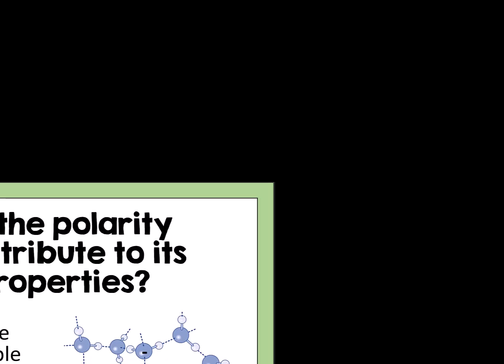Because of these hydrogen bonds, water is attracted to itself and other polar molecules. So other molecules besides water that have this slight positive and negative charge, water is also going to be attracted to them, because you can picture if there was a molecule over here that was not water that had a slightly positive charge, this oxygen atom was going to be attracted to that. So water is attracted to itself and it's attracted to other polar molecules and substances.